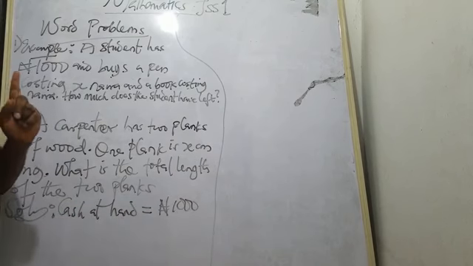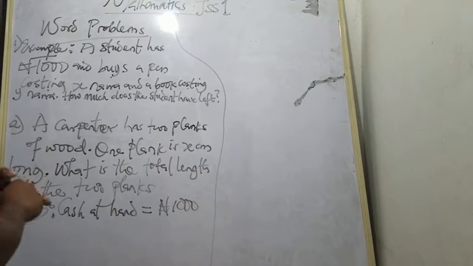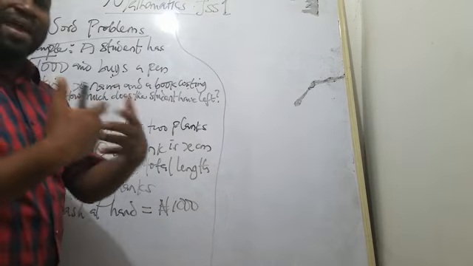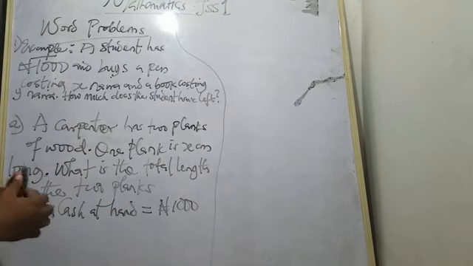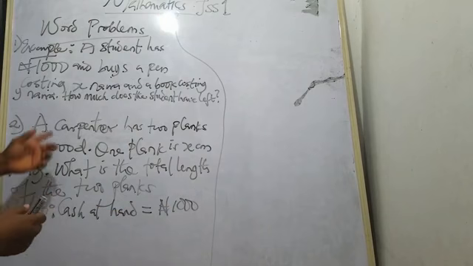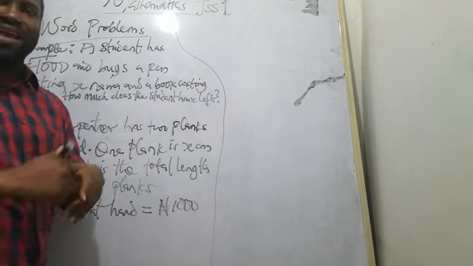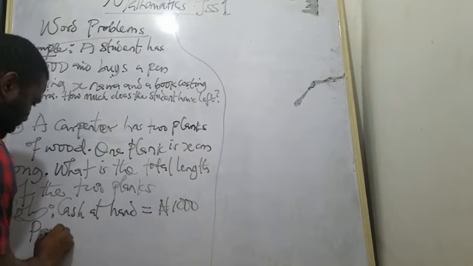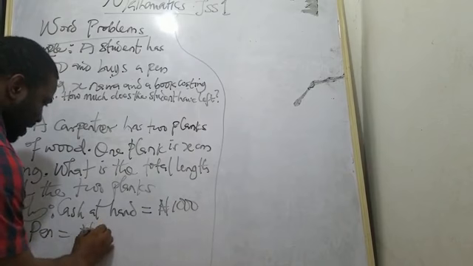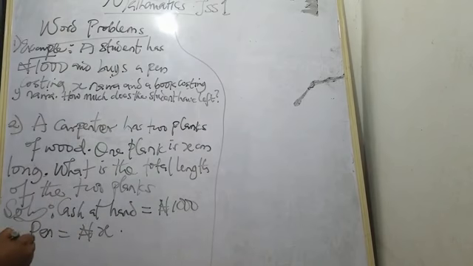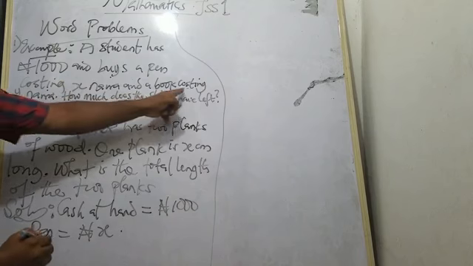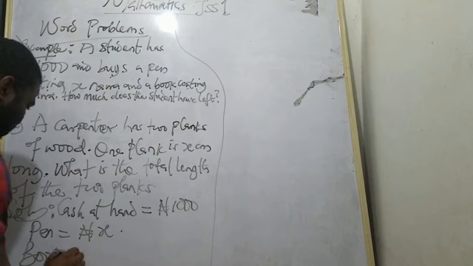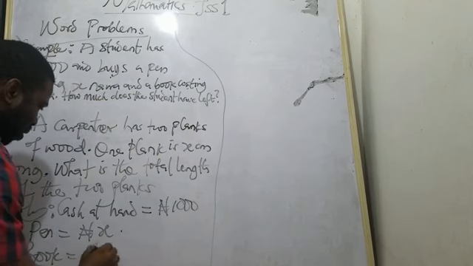The student decides, I want to buy a pen. How much is the pen going to cost me? The pen will cost me X naira. It means pen is equal to X naira, while the book will cost the student Y naira.